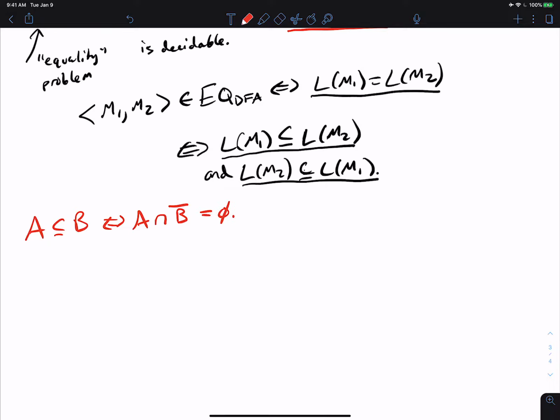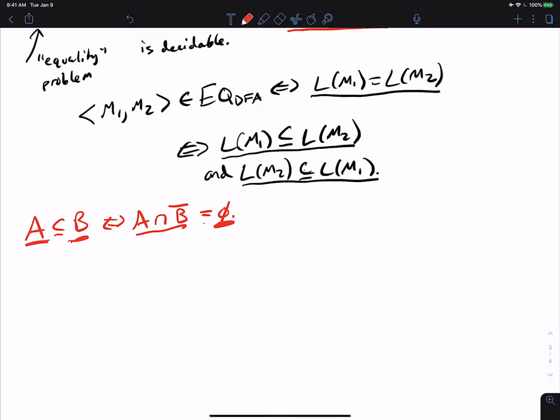And I think we've done an exercise on this exact thing before. So A is a subset of B. Well, that means that there's nothing in A that's not in B at the same time, which is what this is saying. So there's nothing in A that is also not in B.